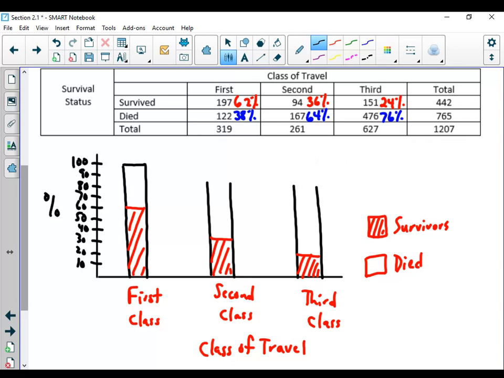Then there's one other thing I haven't put on there yet that I always have to put on there, and what's that? Yeah, I need a title of some sort. So whatever you want to call it, survival rate on Titanic.